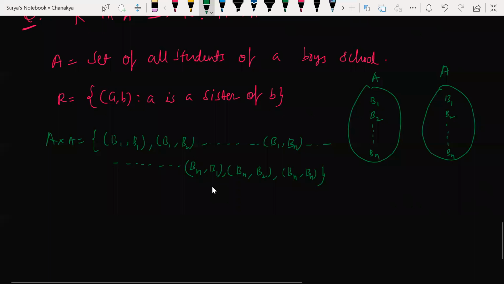Now what is the relation given to you here? (a, b). A is what here? It belongs to set A, and this b also belongs to set A only. A is the sister of b. Now what type of relation is this going to be?